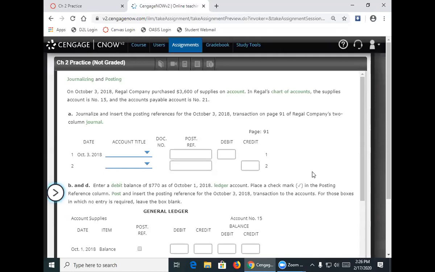We had our accounting equation, right? Let's put that back up here. We know assets increase on the debit side. Liabilities increase on the credit side.